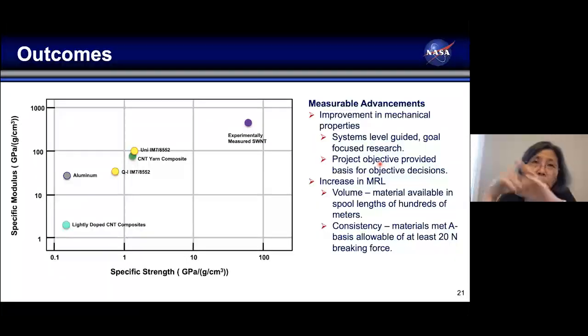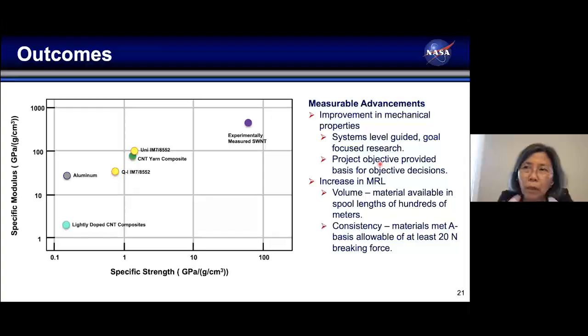And so we pushed the manufacturer to actually advance manufacturing so that they were able to make longer yarns. When we started, 30 meters was a challenge. By around 2015, they were actually able to make spools in hundreds of meters.